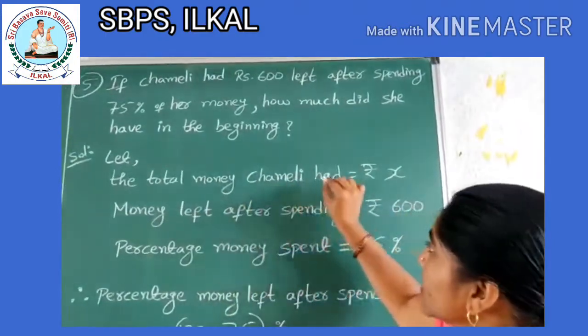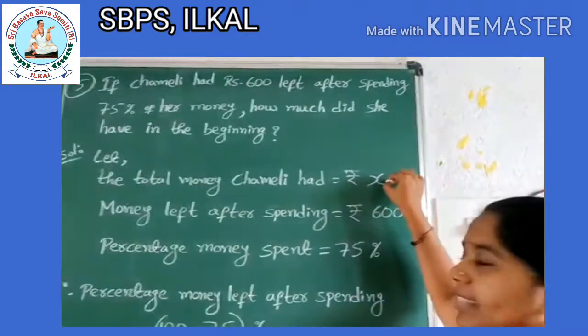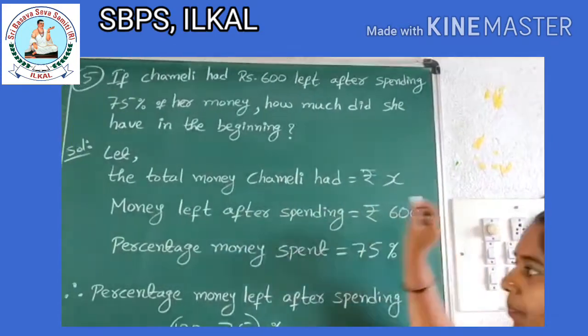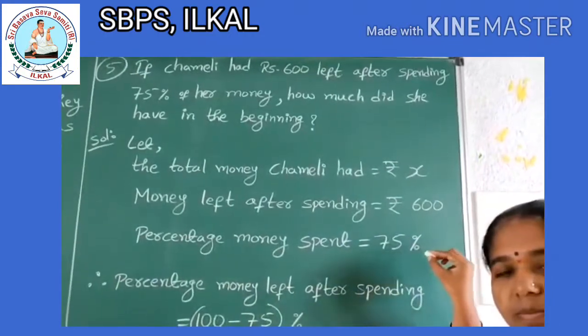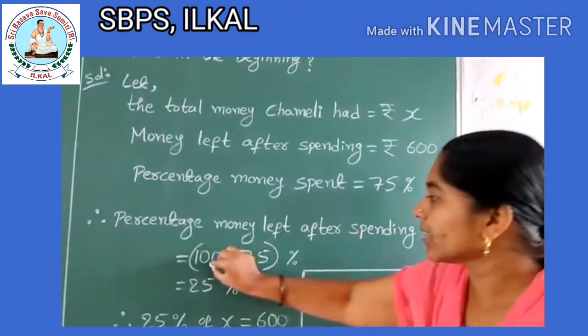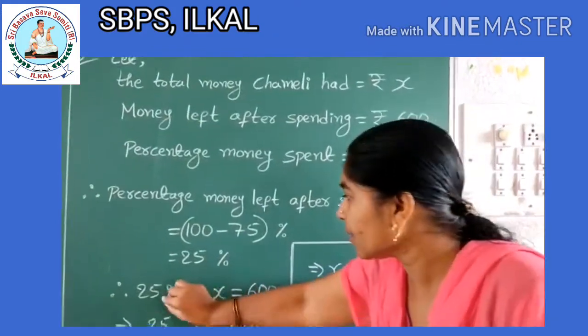Let the total money Chameli had be rupees x. We don't know how much she had at the start, so we consider it as x. Money left after spending is rupees 600. Percentage of money spent is 75%. Percentage of money left after spending is 100 minus 75, which gives 25%. Only 25% remained with her.